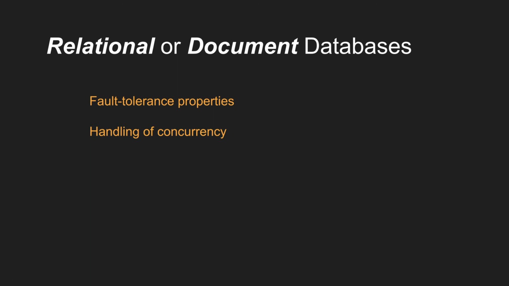Relational versus document databases. There are many differences to consider when comparing the two different databases, including their fault tolerance properties and handling of concurrency. In this video, we'll only focus on the differences in the data model.